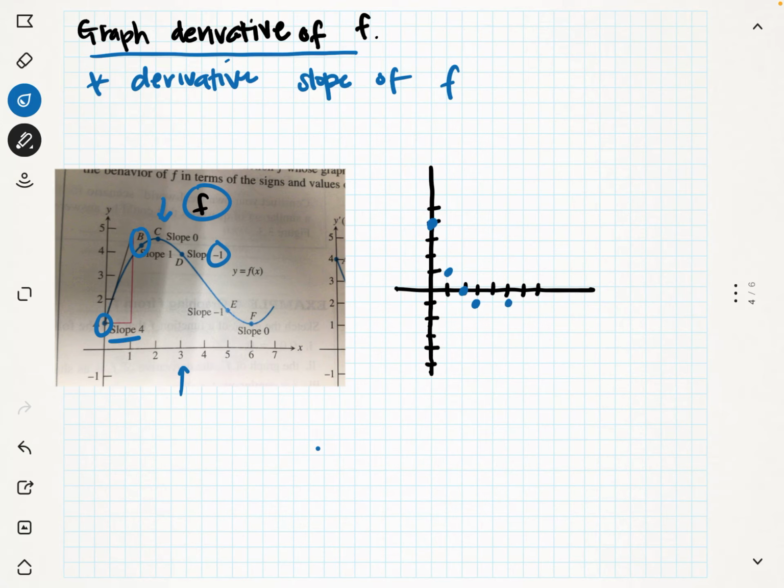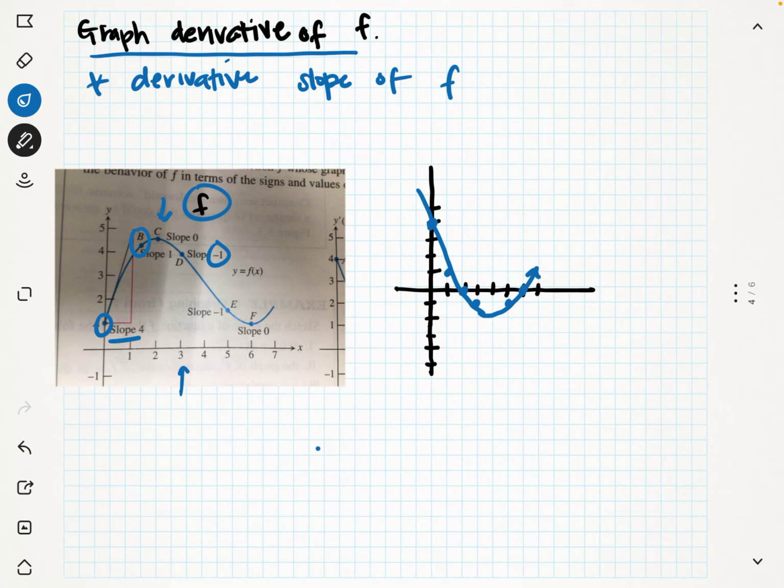And then at point F, it's back to 0, which is at 6. 1, 2, 3, 4, 5, 6. 6 is 0. And then we're just going to draw the best we can what our graph looks like through those points.